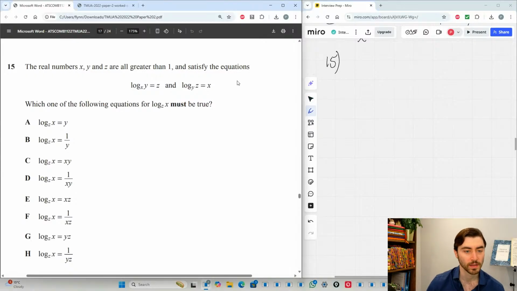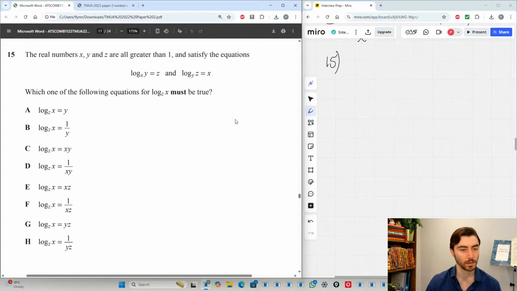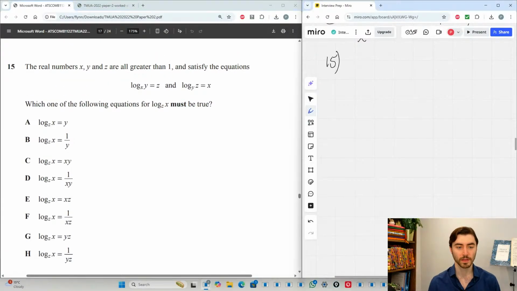All greater than 1 to satisfy the equations. So what this means from the first statement is that x to the z equals y and y to the x equals z.